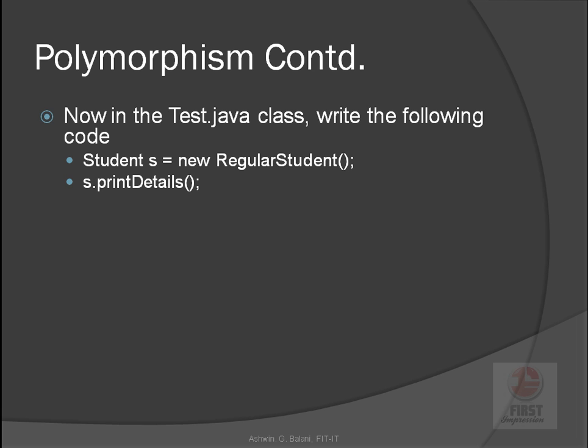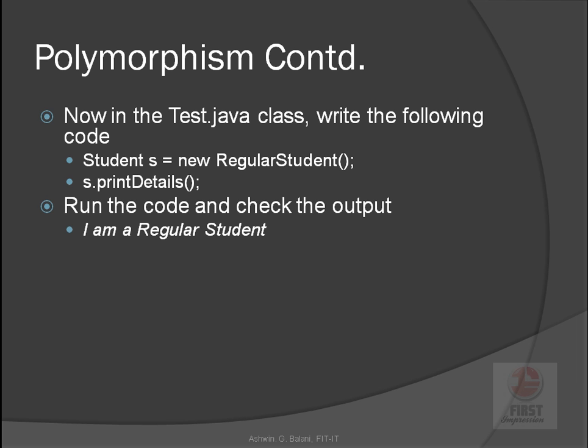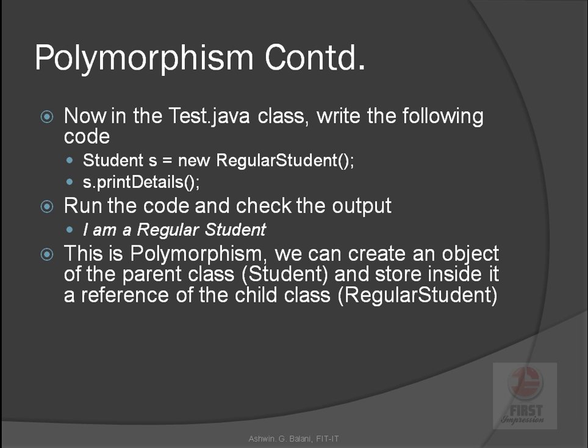If it finds the function inside the derived class RegularStudent, then it will print that out, else it will print the function from the Student class. So if we run the code and check the output, we'll get: I am a regular student.